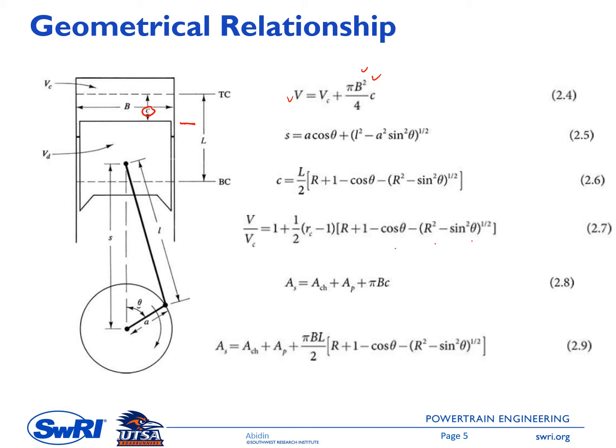And then equation 2.5, here is the formula for S, small s. This is the distance between the piston pin axis to the crank axis. This equation is derived, I think, with the aid of Pythagorean theorem.